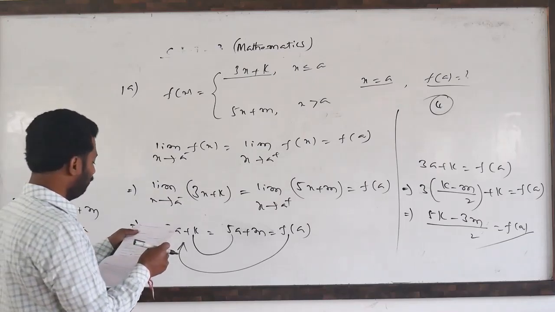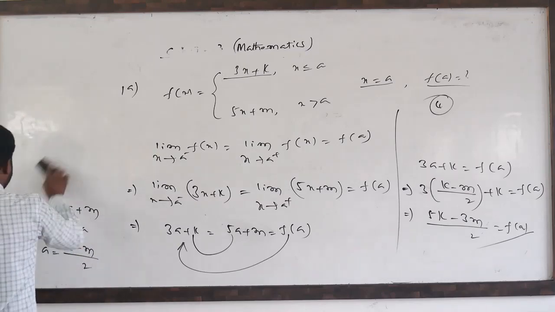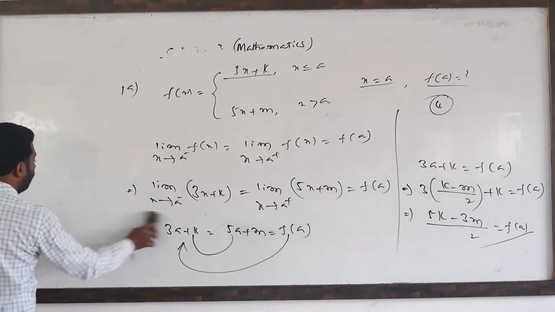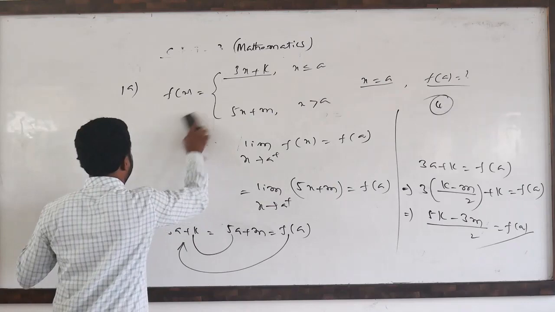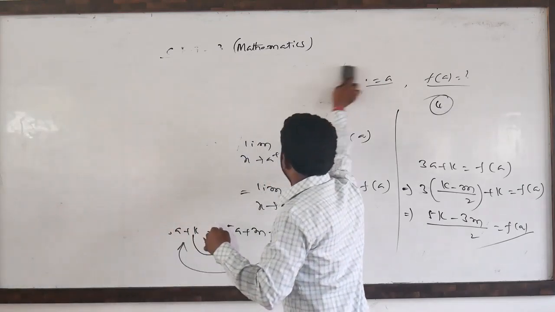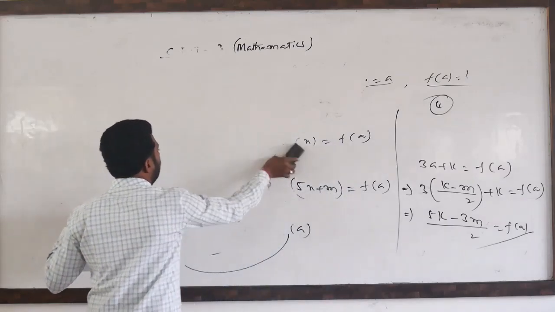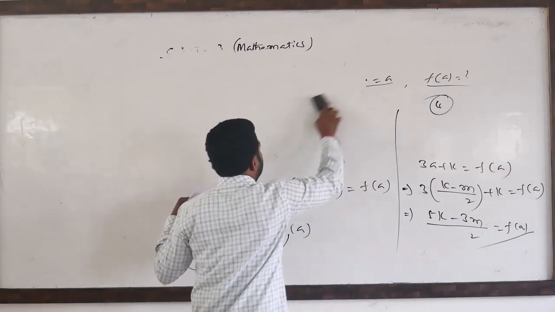Next, question number 20. See, f of x power g of x type, I already told this model: f of x power g of x appears as e to the power (f of x minus 1) into g of x type.